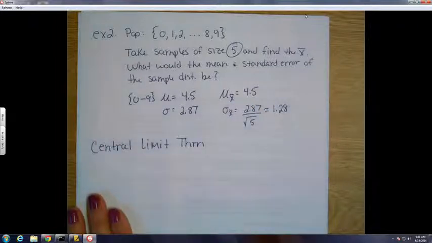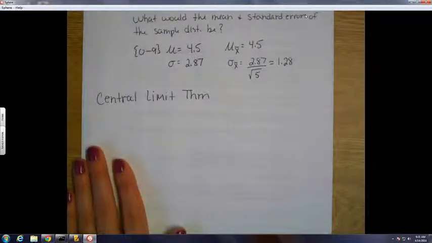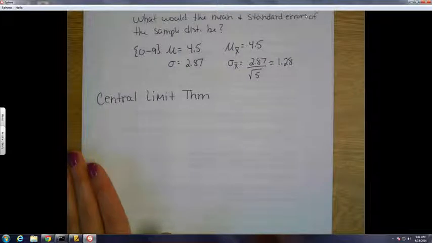Central limit theorem. Okay, there's 2 parts to it.